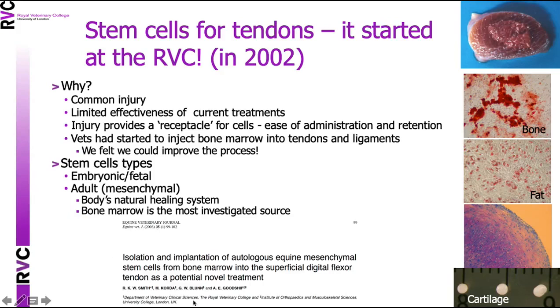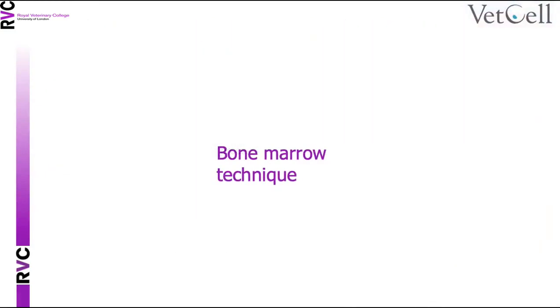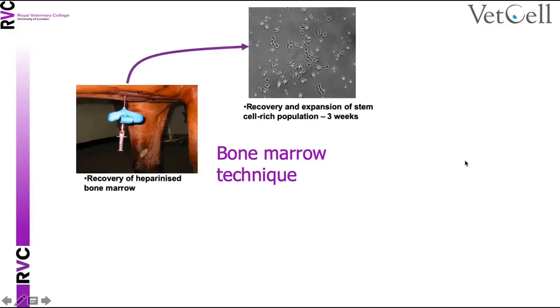We published back in 2003 the first report of injecting stem cells into an injured superficial flexor tendon as an attempt to harness those regenerative capacities of the cells. And the technique that we used is shown here. It was developed in conjunction with a spin-out company from the RVC, which is to take bone marrow from the sternum of the horse.